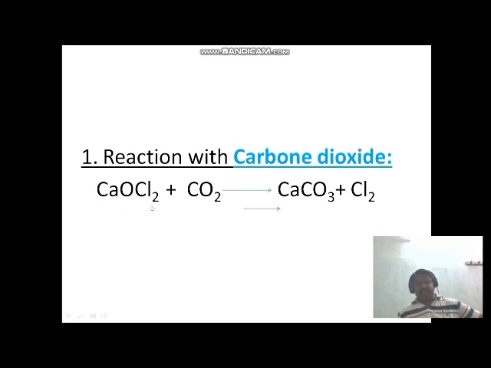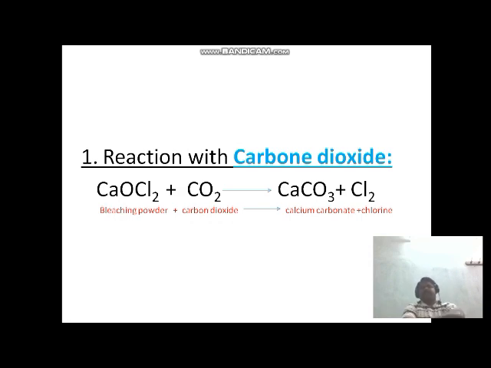Here, chlorine gas Cl2 is formed, and the salt is CaCO3, calcium carbonate, otherwise marble. Bleaching powder plus carbon dioxide gives calcium carbonate plus chlorine.